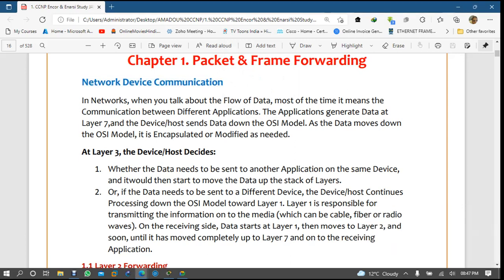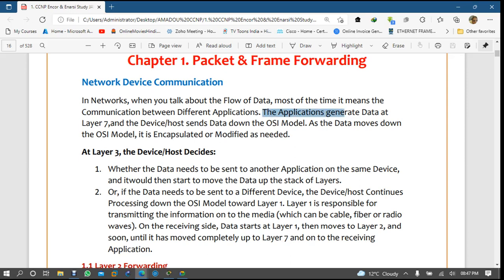So when you talk about the flow of data in the network, most of the time it means the communication between applications. When the device is sending data, the application is helping you to communicate.